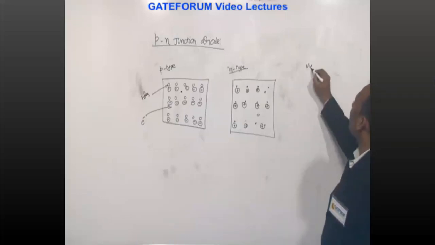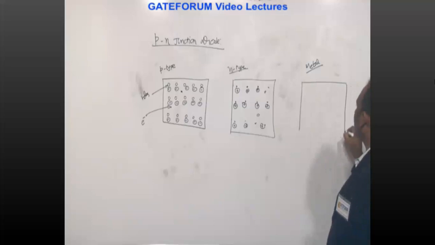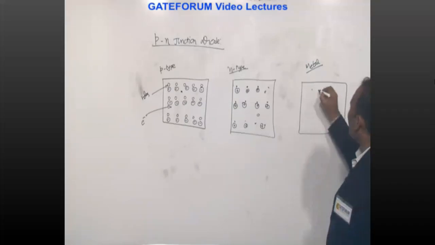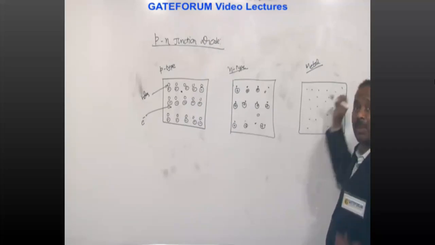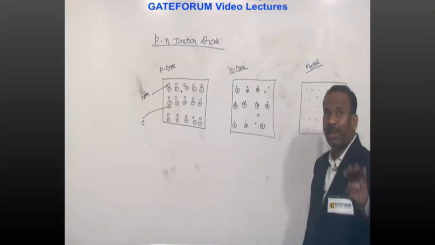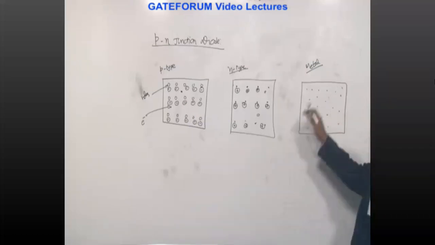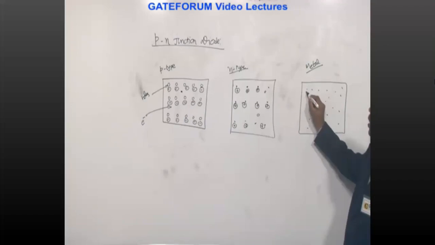Coming to metals, nothing but a conductor. What is going to happen? In metals, there are so many electrons, and there is no concept of holes. Only semiconductors have the concept of holes. Does that mean net negative charge? No. Each electron is associated with a positive ion.